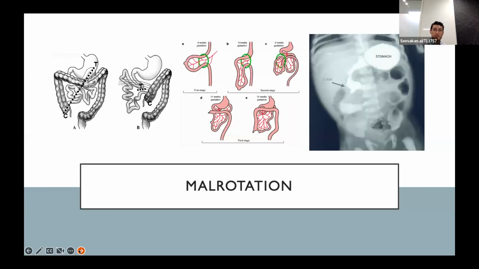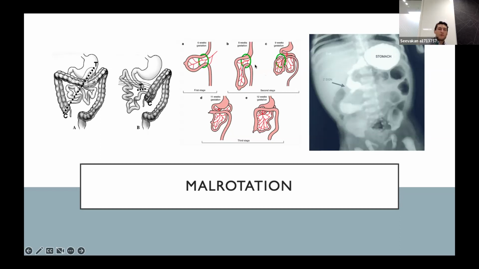The middle image is trying to demonstrate the normal embryological process. We don't need to go into it too much, but the gut herniates out of what will become the umbilicus, undergoes a first stage where it rotates 90 degrees, and then it comes back inside the tummy and rotates a further 180 degrees.